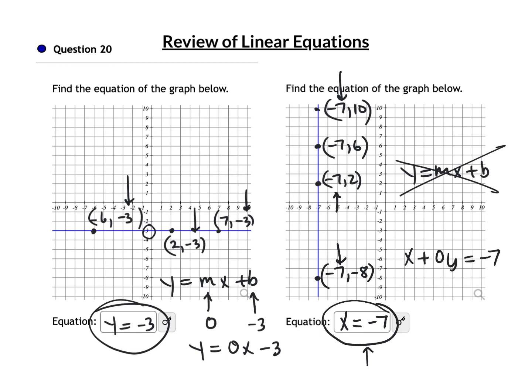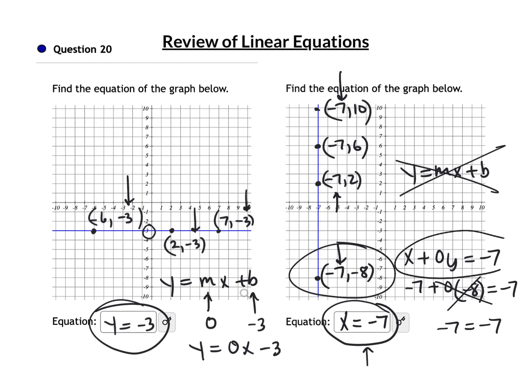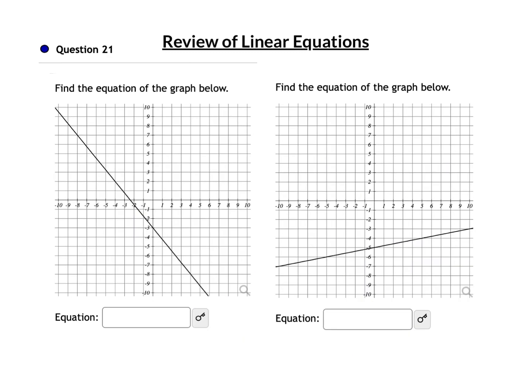And any point I pick, like this one, when I plug it in, it becomes -7 for x plus 0 times y, -8, equals -7. Every y value you plug in gets multiplied by 0, becomes 0, and you always get x equals -7. Every point on this line will work in that equation.